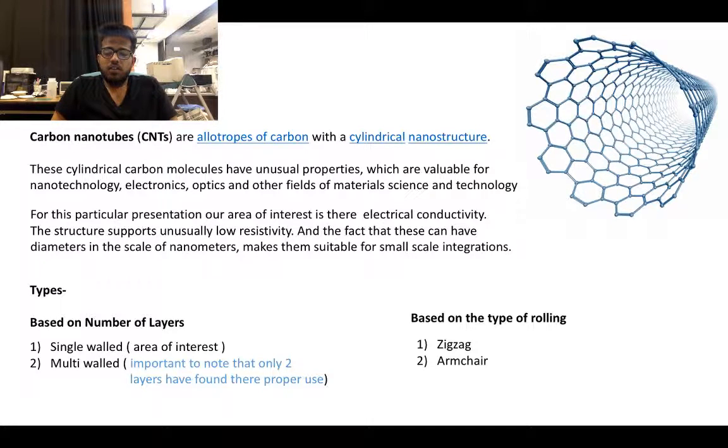So talking about electrical conductivity, why does it have a high electrical conductivity? It is because the electrons are in a covalent bond format, and they can travel over this mesh connection.